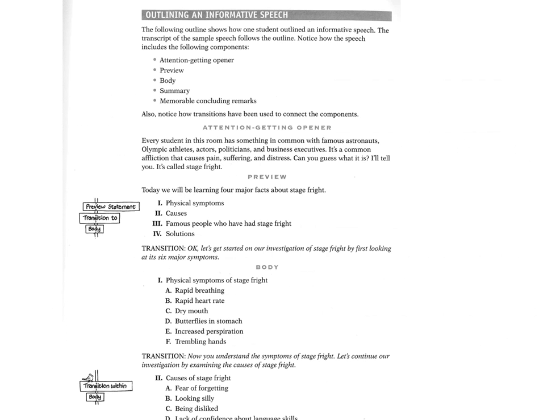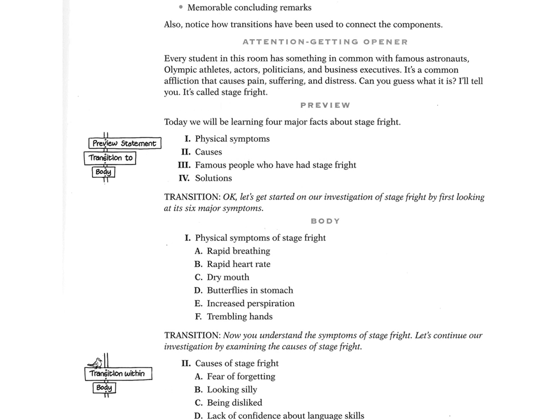Now let's look at page 81 where we have an actual outline, a completed outline, and we can look at two types of transitions. Okay, the first type of transition we have is here, and that is the transition that goes from the preview to the body, and it's a little bit different because we don't have to use the review preview.